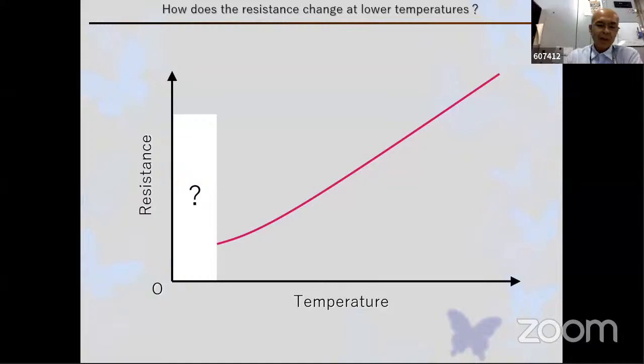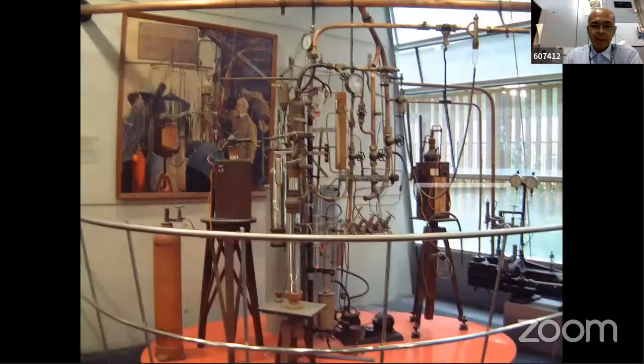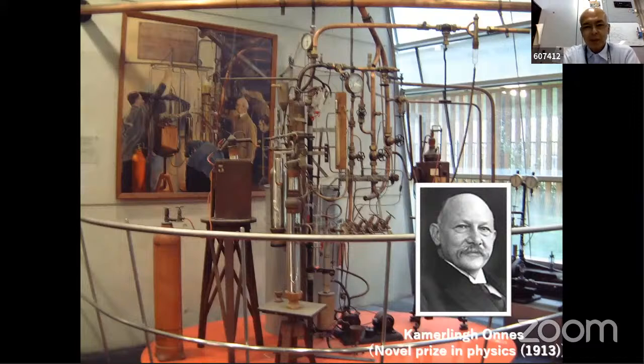At that time, they had no cryogen to cool the sample below nitrogen temperature. Then Kamerlingh Onnes broke that situation by using his technique. Kamerlingh Onnes is very famous; he is also a Nobel winner. He is famous because he made this system, the world's first helium liquefier.